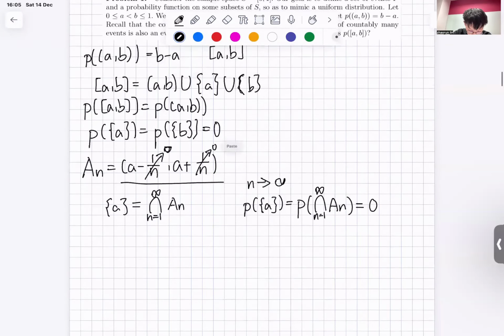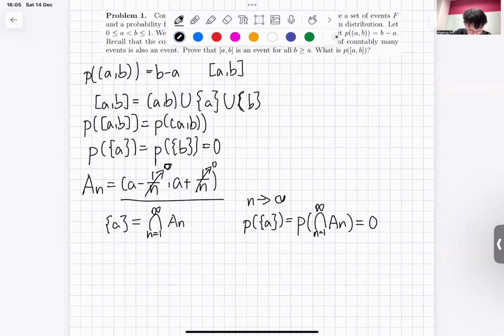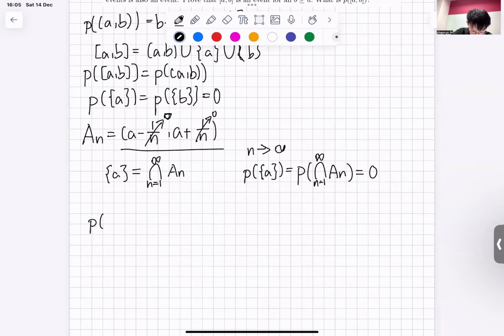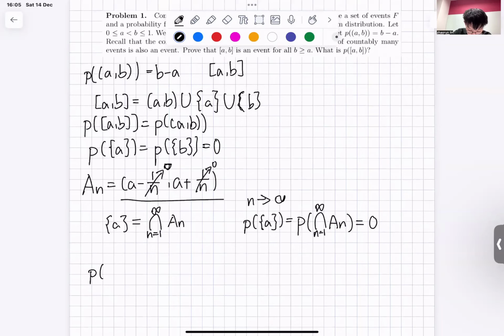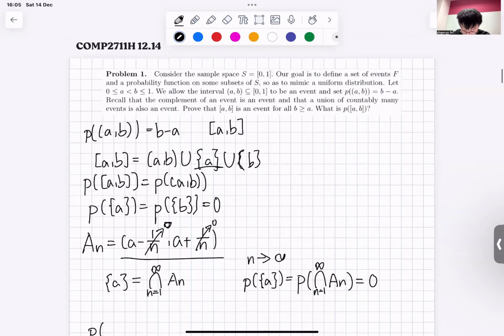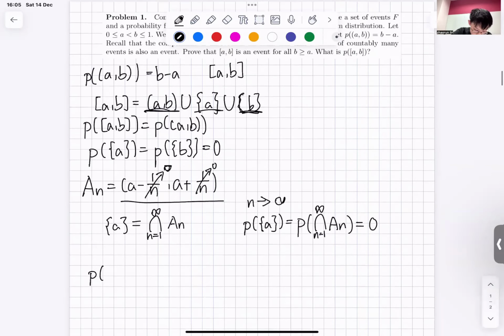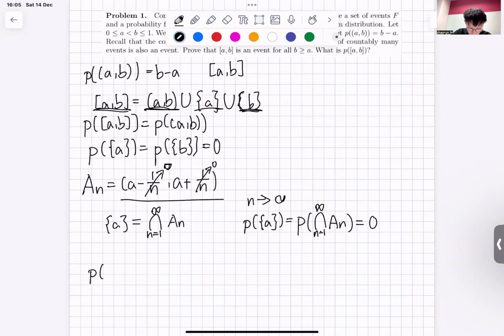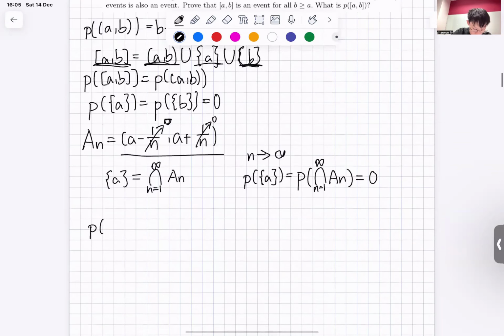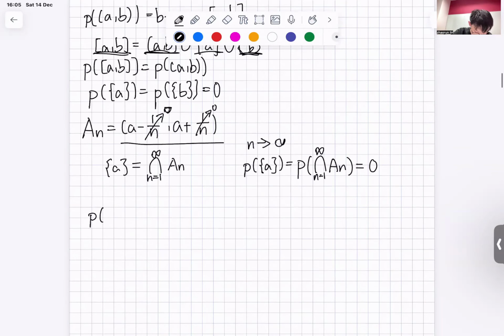So this singleton is an event, this is an event, and this is also an event. So the closed interval [A, B] is a union of events, so it is also an event.